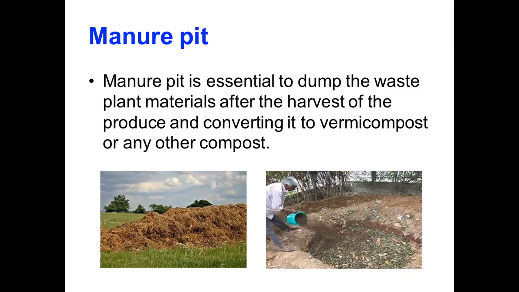When you throw these in the pit, you can use them for composting, for making organic manure that will eventually be used again in your garden. So it is very important that you have what we call a manure pit. Sometimes some people call this a compost pit.